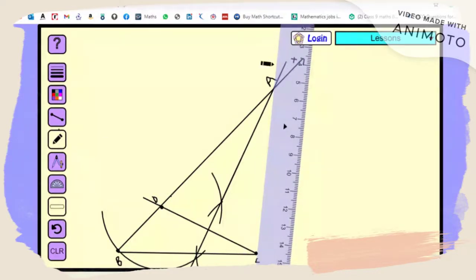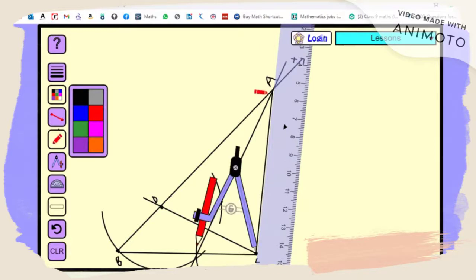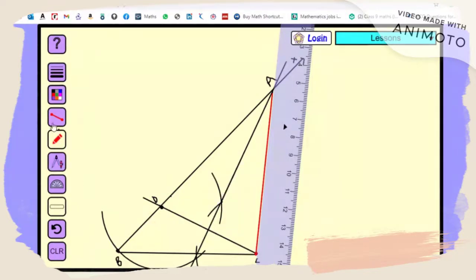So once you join it, I'm just joining it. Let's join this point A directly. So here we got it. This is the required triangle ABC. So let me just color it with red color.